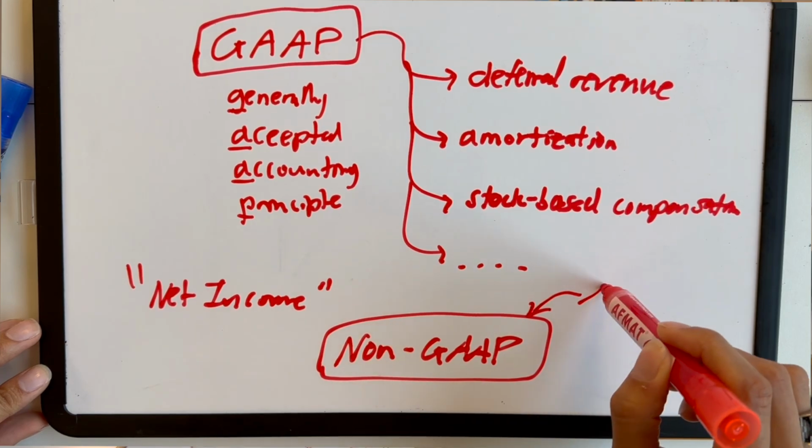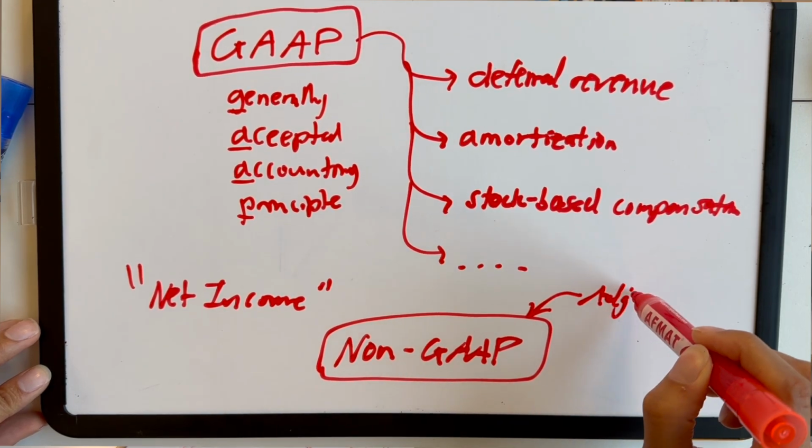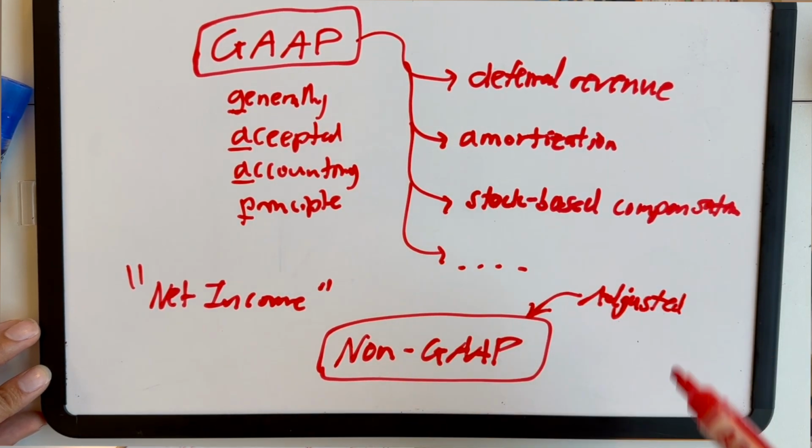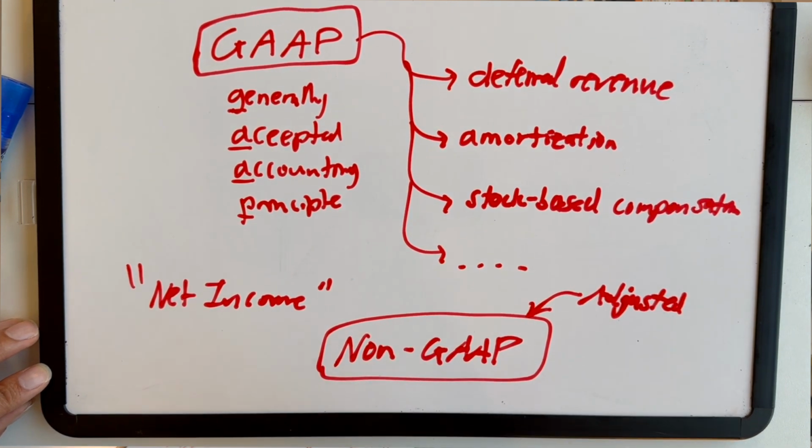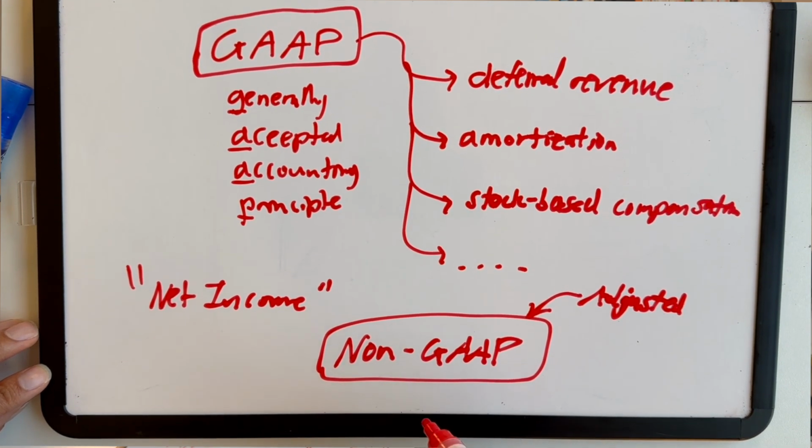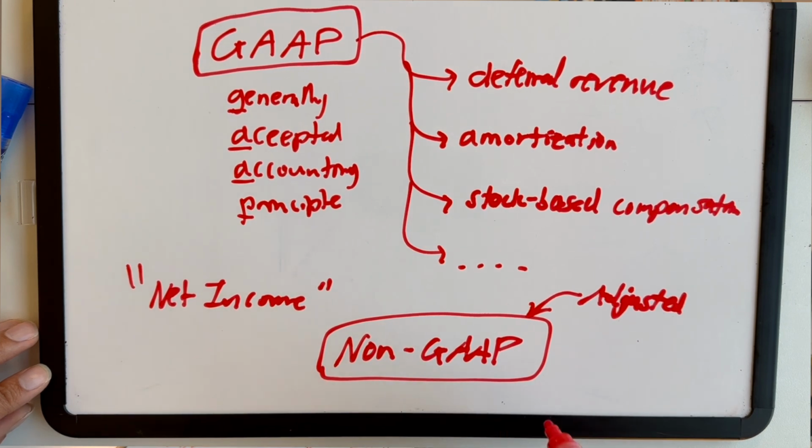Now, here's the thing. You have to be able to think for yourself and understand these various components within what makes up this non-GAAP, or sometimes they'll call it adjusted, numbers, because management will play some games with this sometimes in terms of how they adjust the earnings. They can make it look like the firm is doing way better than it actually is from a profitability perspective.